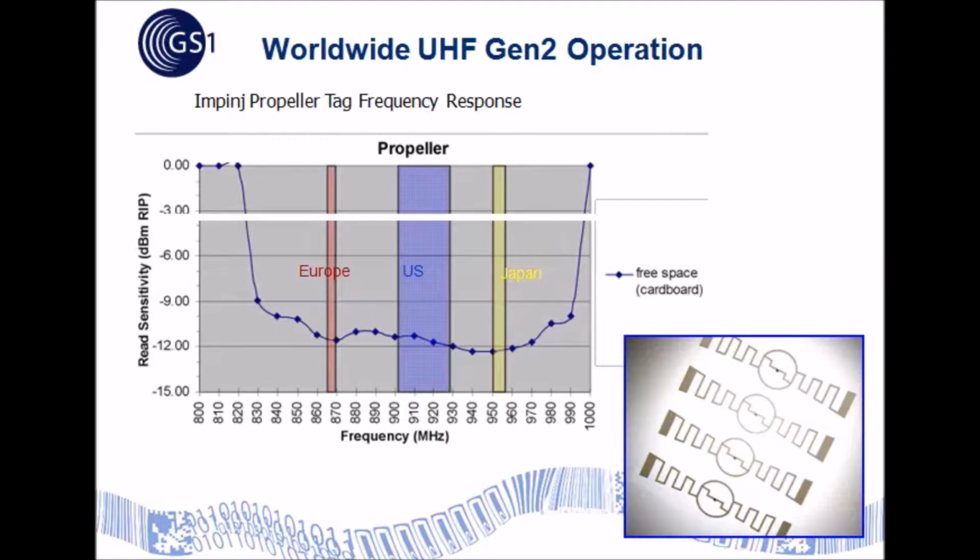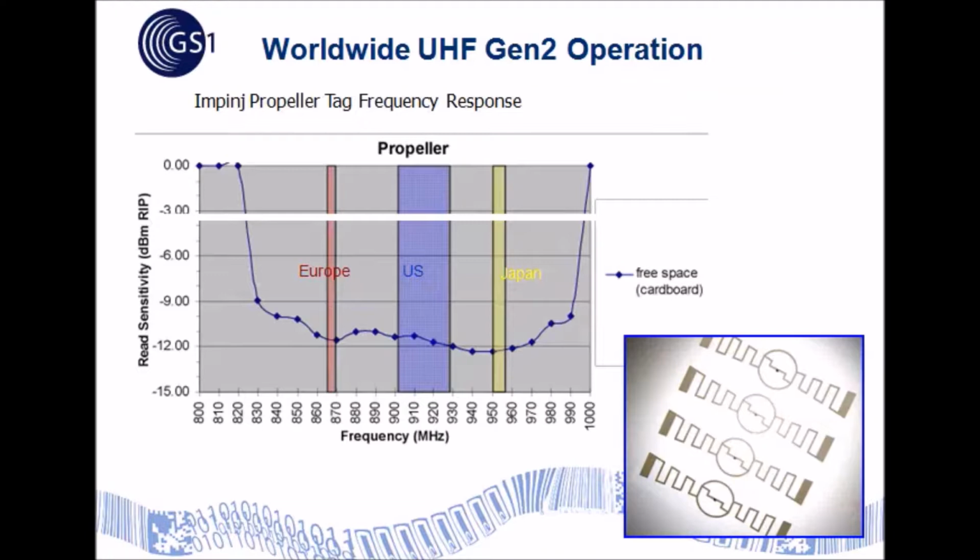In early 2008, the UHF ultra-high frequency spectrum was available in more than 55 countries, with around 15 additional countries in the approval process.